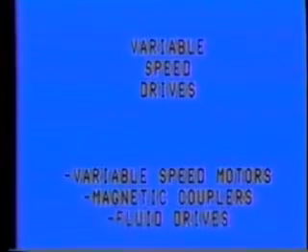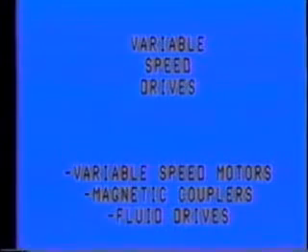Lastly, the fourth option is variable speed drives. There are various ways to control fan speed. Common methods include variable speed motors, magnetic couplers, and fluid drive systems. Fluid drive units use hydraulic fluid for transmitting power. Magnetic coupler models use interacting magnetic fields to transmit power.